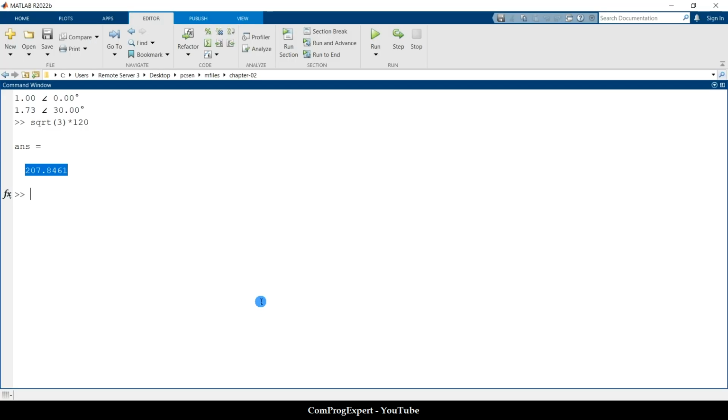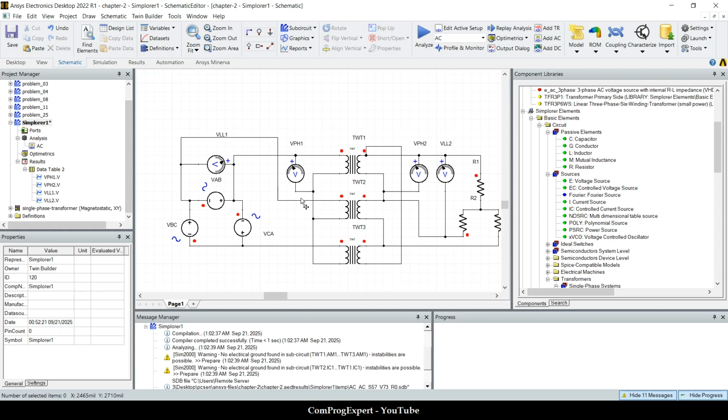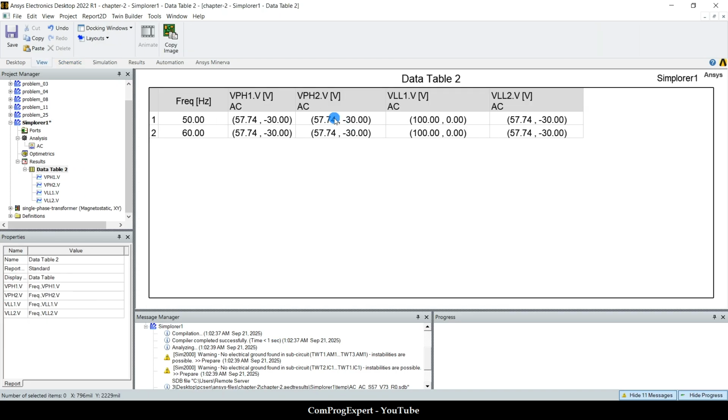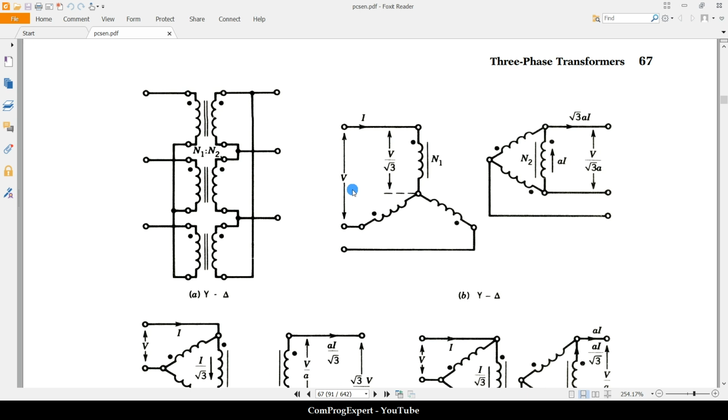What is the RMS value of the voltage? It is 100 divided by SQRT of 3, 57.7. Yes, this number. So this is the case that we have.